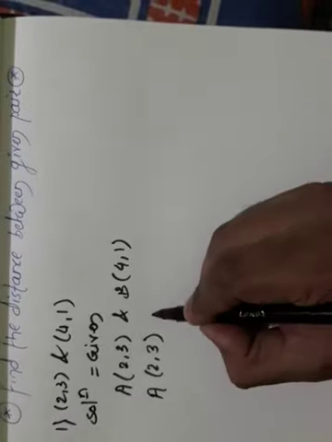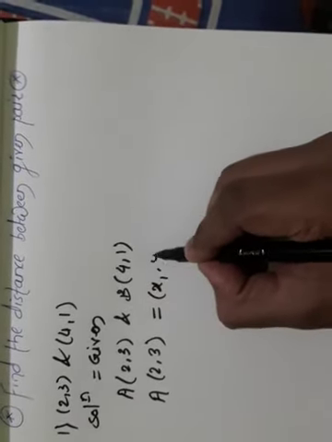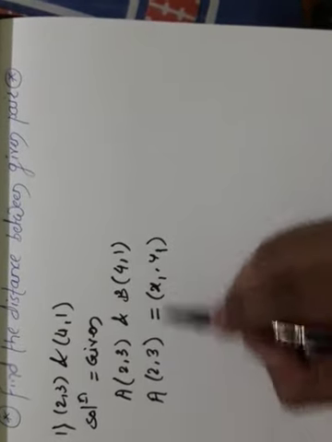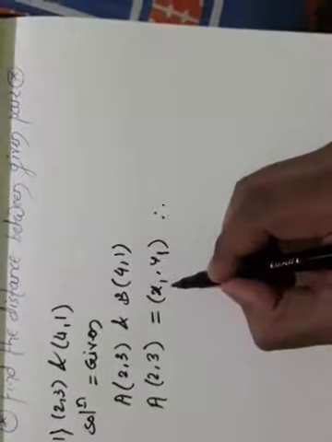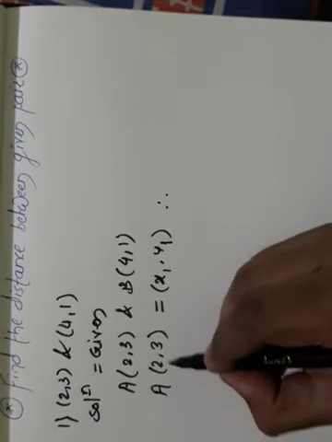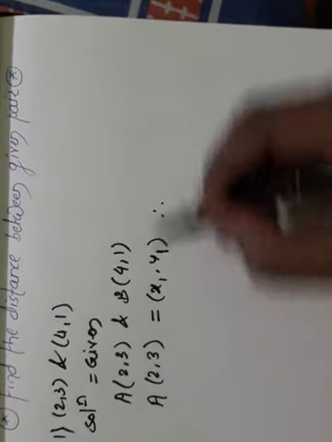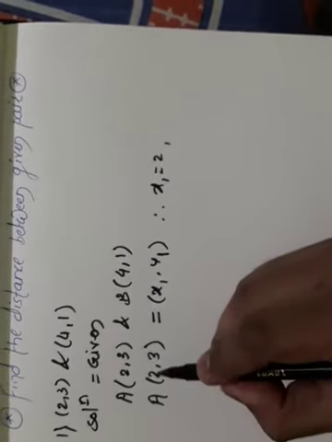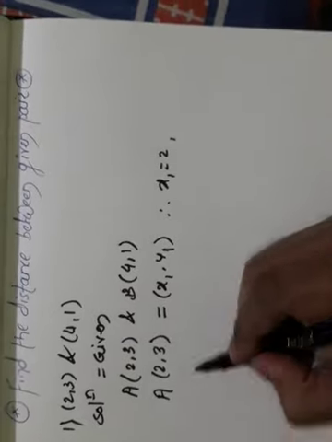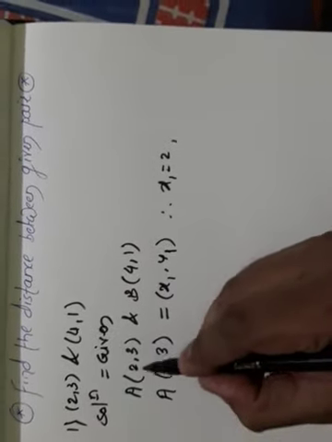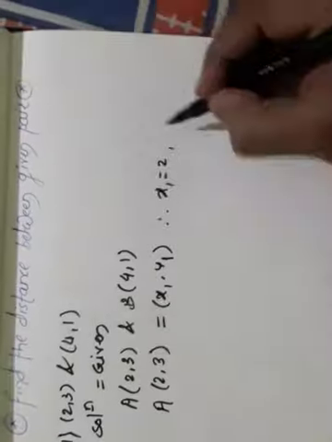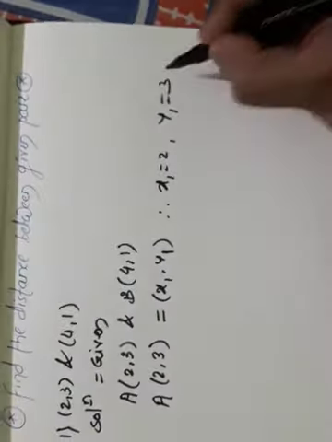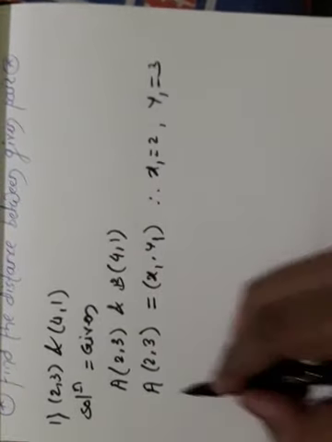Point A 2 3, we write as x1 y1, and by using this we find the values of x1 and y1. x1, the first coordinate, the x coordinate, is 2, so x1 is equal to 2. This is the x coordinate, this is the y coordinate, so y1 is equal to 3. Understood? Same thing you have to follow.